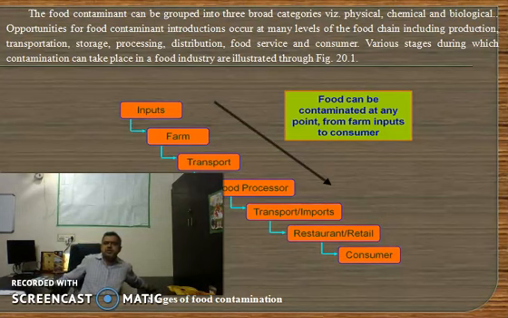Various stages during which contamination can take place in the food industry: inputs to the farm, the farm to transport, to the food processor, to transport again, that is imports or exports.